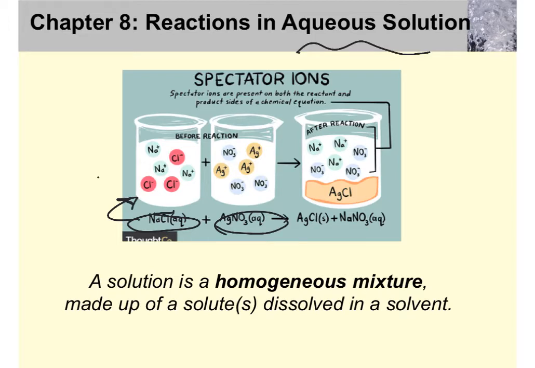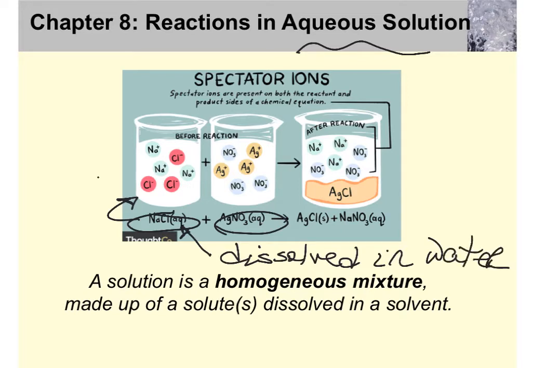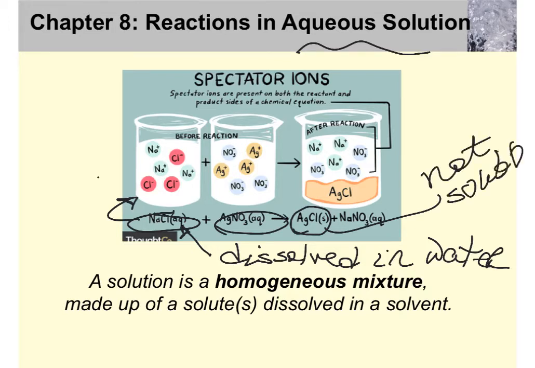I also want to remind you that the AQ symbol means dissolved in water. Okay, so even though most ionic compounds are soluble in water, you will learn there are some that are not. For example, silver chloride is an ionic compound that is not soluble in water, and you'll see that designated with the S, meaning solid.